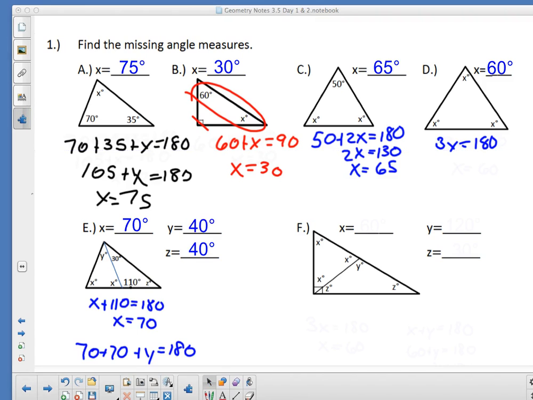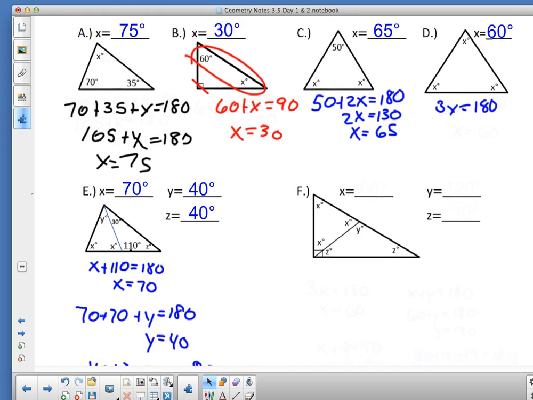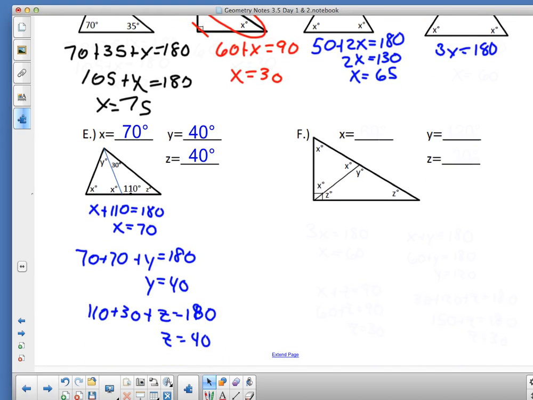Okay, E. We got X is 70, Y is 40, and Z is 40. Remember, the total interior angle value of a triangle is 180 degrees. The first place you should probably start is right here. They're a linear pair.